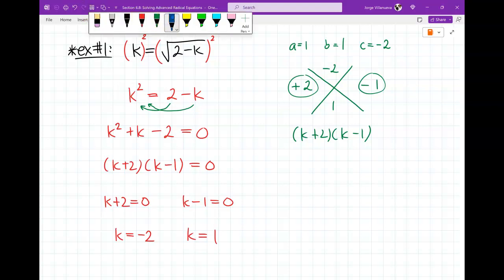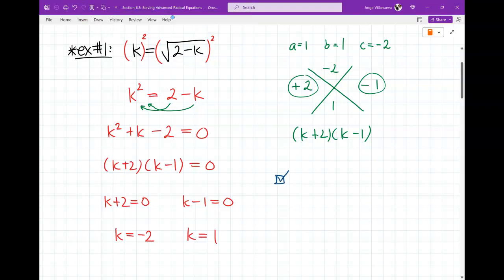So let's do a check step. All right, I'm going to write my original equation. That way I'm not having to look all the way up all the time. I'm just going to rewrite the original equation. And now I'm going to plug in a negative 2, and then I'm going to plug in a positive 1 and see if they both work. All right, so let's see.